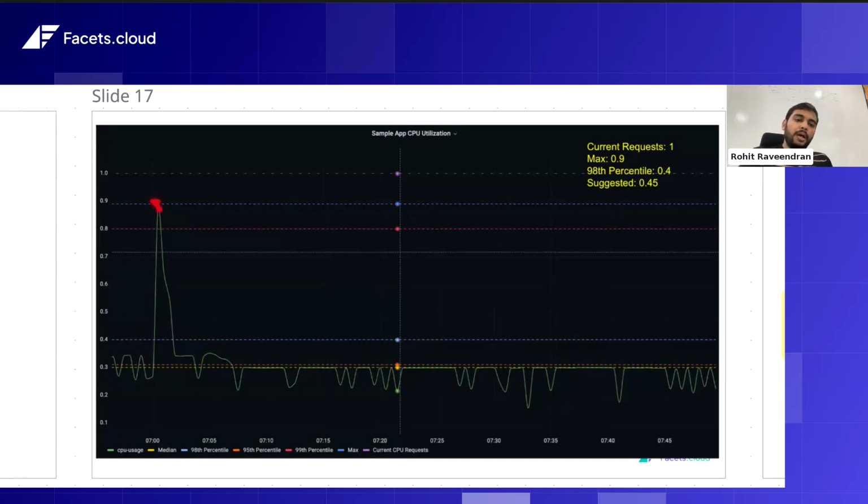So although your maximum is head and shoulders above the 75% line, you can clearly see that there is way too much room. There are way too many resources being allocated to the application, which it is not using most of the time. So now you would redo the exercise of resetting the request with a 10% buffer, not on the max, but instead on the percentile number that you have picked.